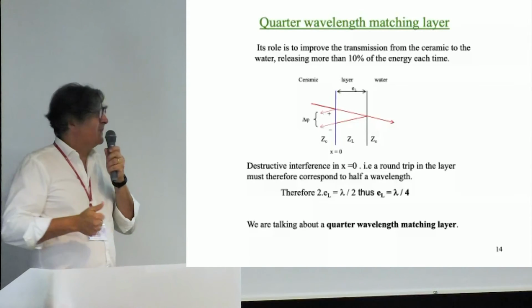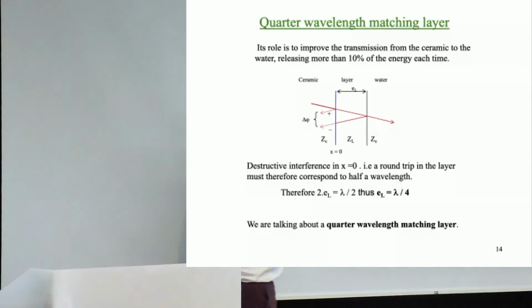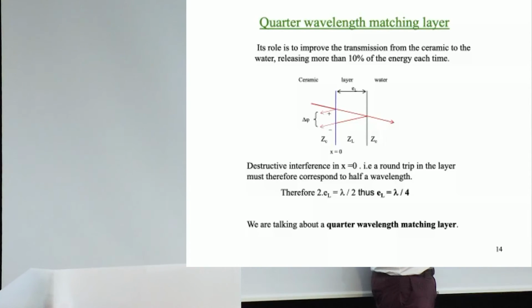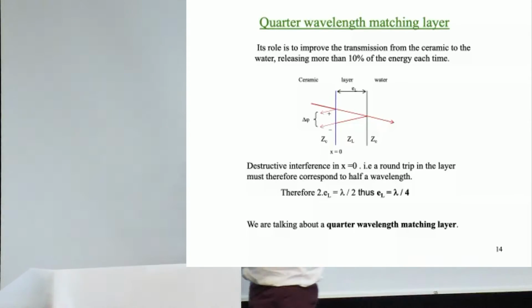But now the question is, okay, we have an impedance ZC on one side and ZE on the other side. How do I select the intermediate impedance?